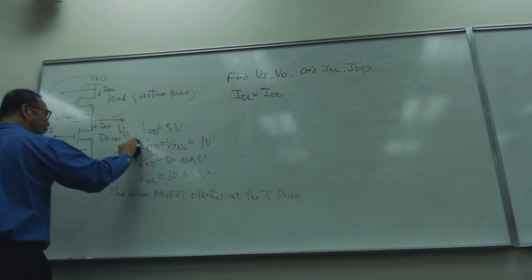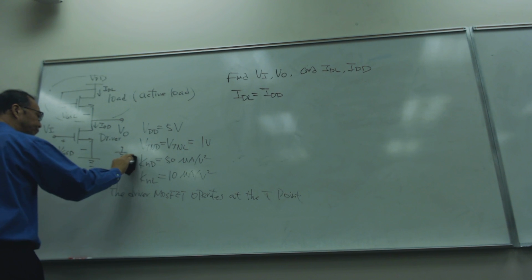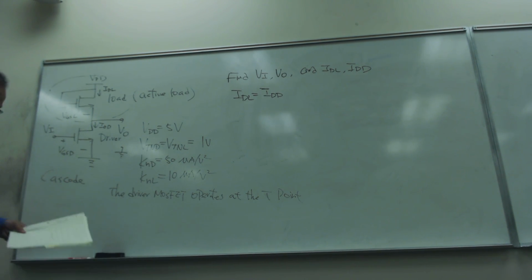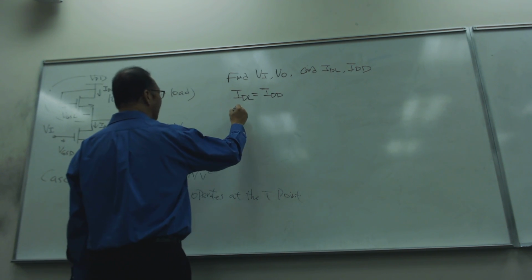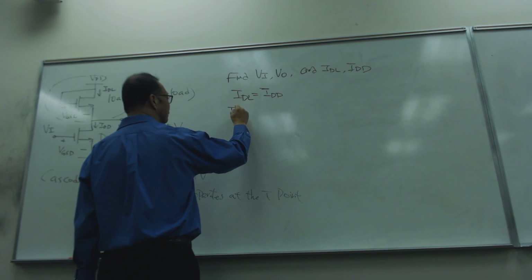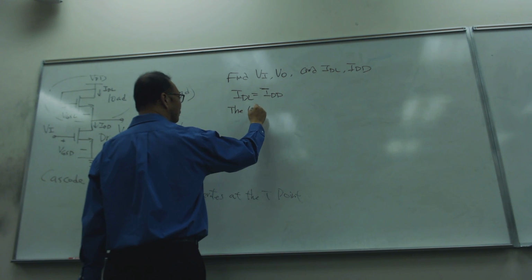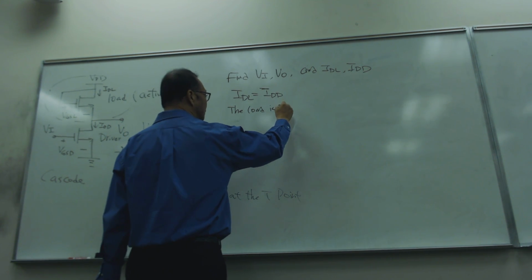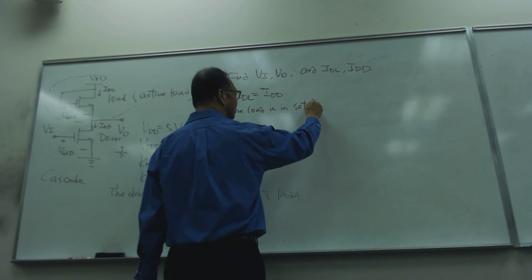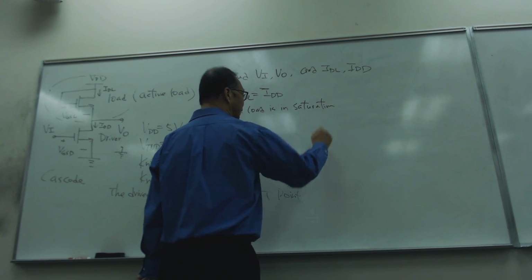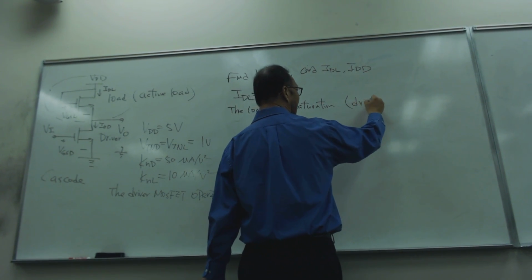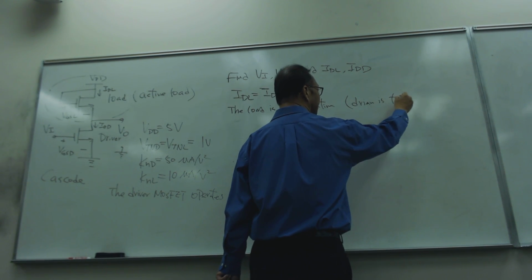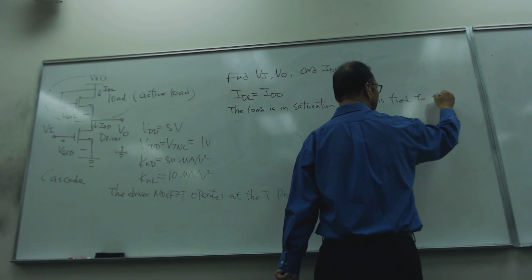So there's no resistor, okay? Second, the load is in saturation, correct? Because the drain is tied to the gate.